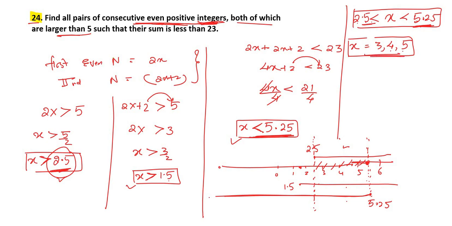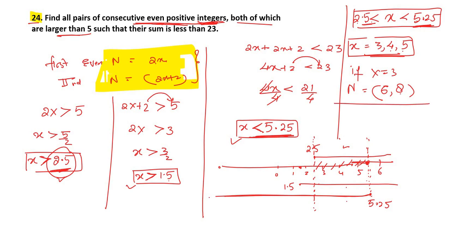So these are the possible numbers. So what will be my two integers? If x is 3, what will be the integers? If x is 3, the numbers will be 6 and 8. 3 twos are 6 and the next even integer is 8.